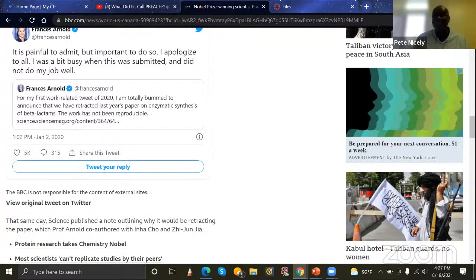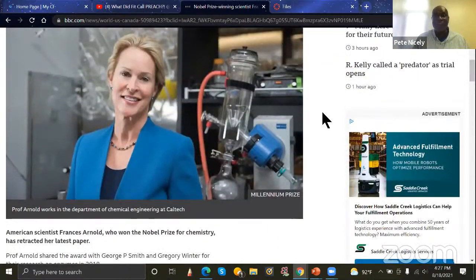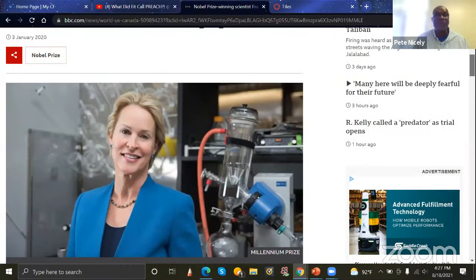Even though this lady was and still is a Nobel Prize winner, her work is subject to scrutiny. Everybody's work is subject to question, and if it can't stand up to scrutiny, then it has to be retracted, all right? So I just thought I should point out those two examples to give you a feel for how the scientific method is important and how science works, all right?